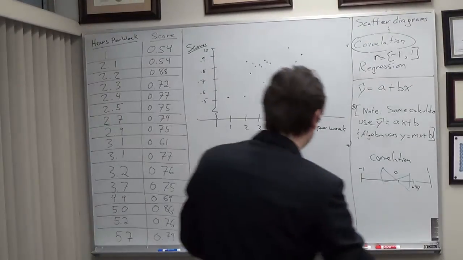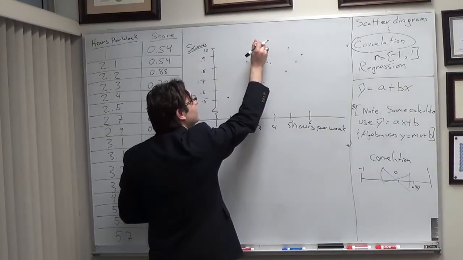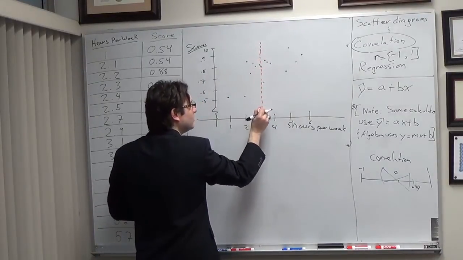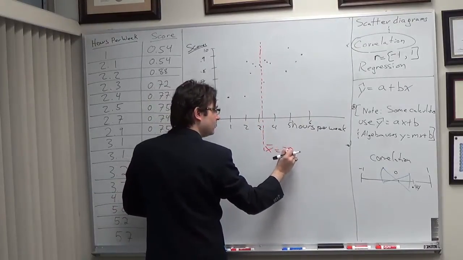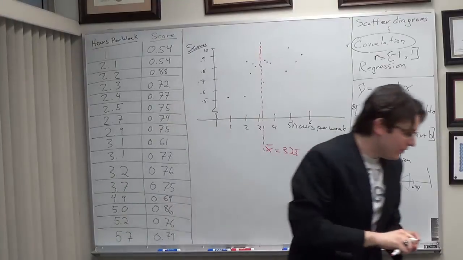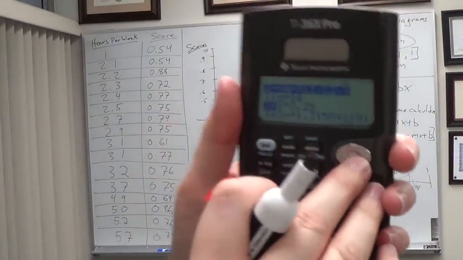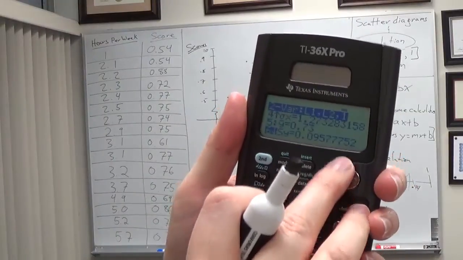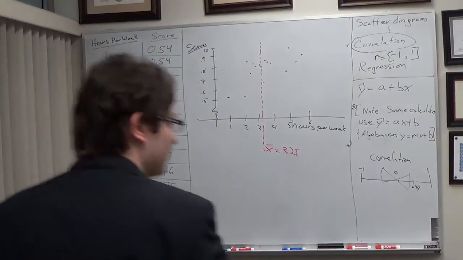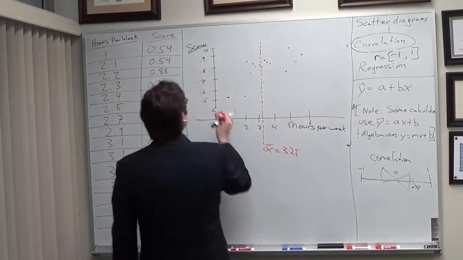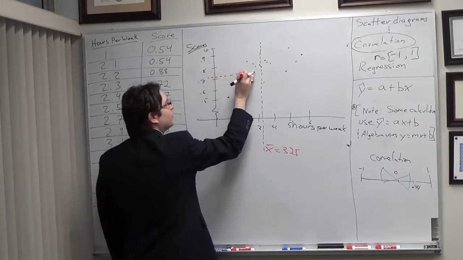Let's go ahead and draw that. 3.25 is here, so here is my x bar. And if you scroll down just a bit further, you'll find your y bar of 0.73. So here's 7, here's 8, here's 7.5, so let's say here is 0.73.